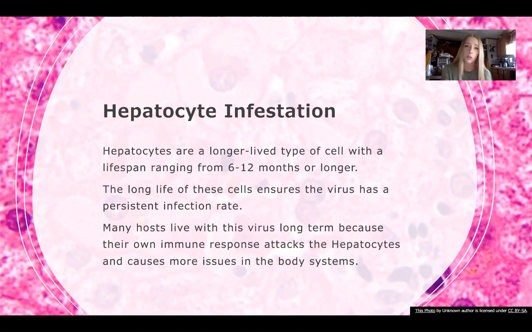And it depends when you caught the virus, of course, because the younger you are and the more immunocompromised you are, it's easier for these cells to make their way through your immune system. Because your immune system sees this virus, it's also attached to your liver cells, so your immune system doesn't even realize that when it attacks this virus, it is also attacking your hepatocytes, which entails liver damage.